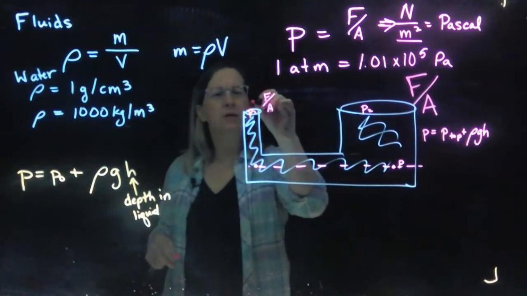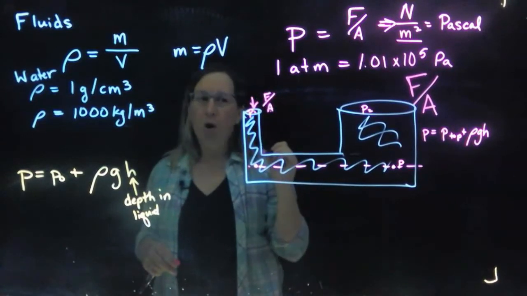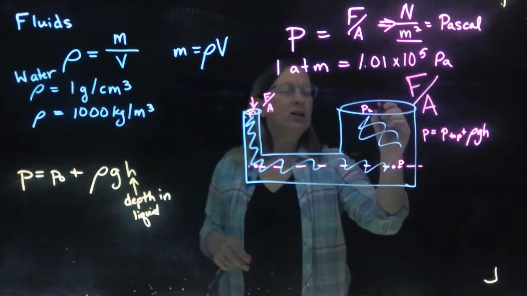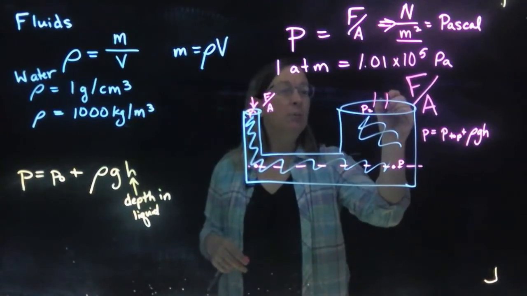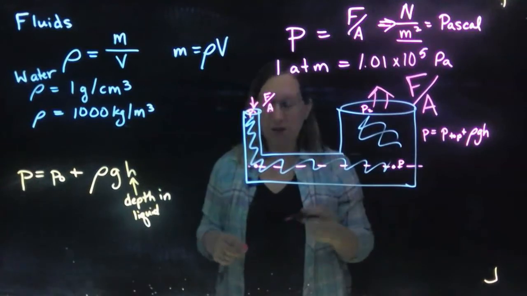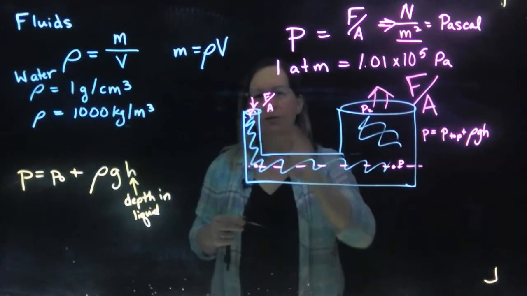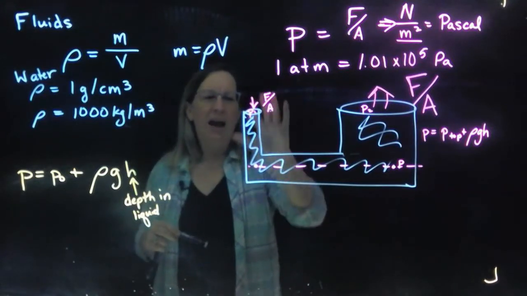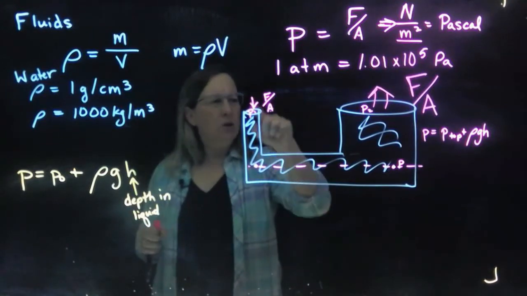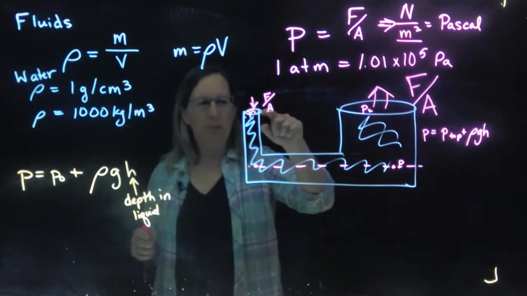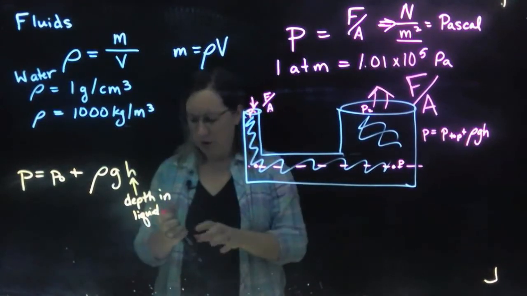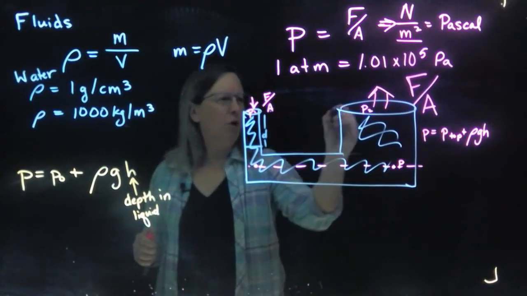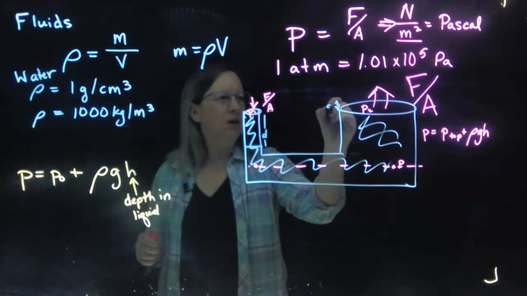So what it means is you can apply a fairly small force here over a small area, and you can get then a fairly big force on this bigger area, as long as the fluid is what's called incompressible. In other words, we're not squeezing the fluid down as we move this down. Now, in order to lift something like this up, this has to travel much further, a huge distance, say, to move the same amount of volume. It might only move this tiny distance.